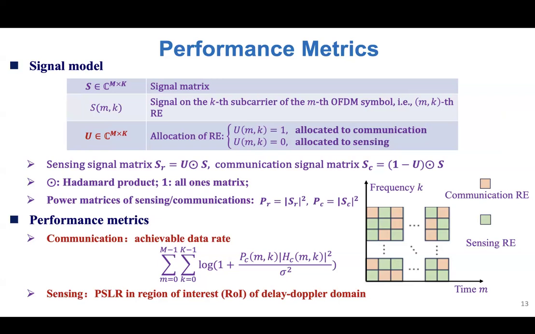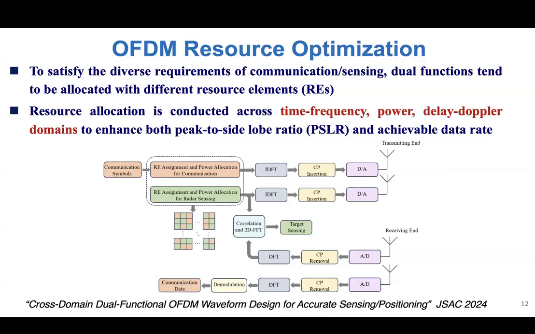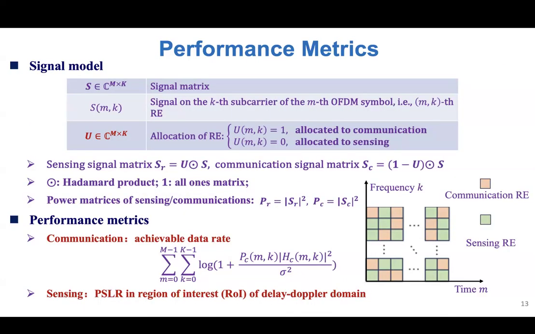For the performance metric, there are also some power constraints and so on. For communication, this is the overall data rate over the different subcarriers, and the sensing is the peak-to-side lobe ratio in the region of interest in the delay-Doppler domain.